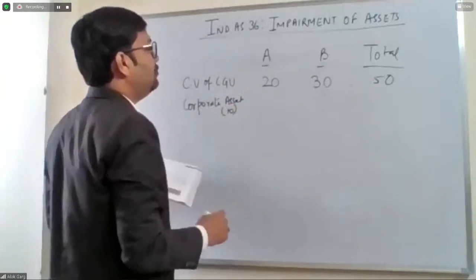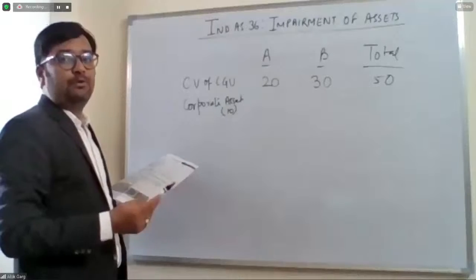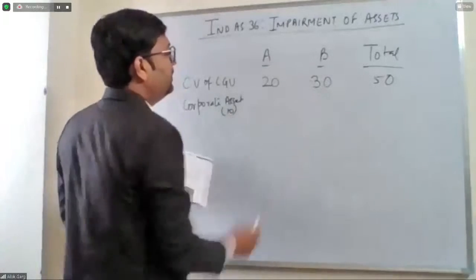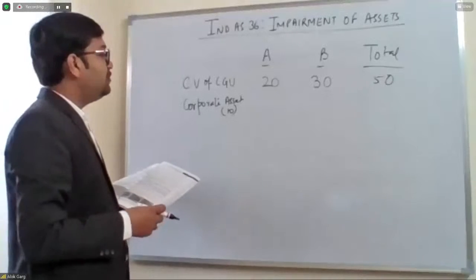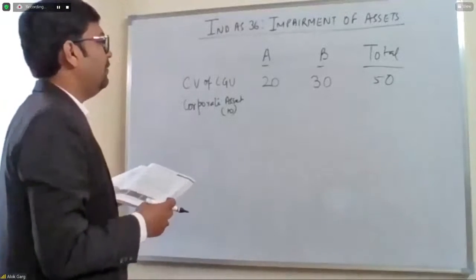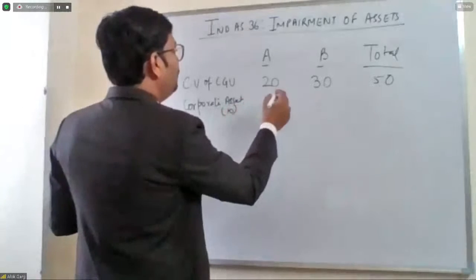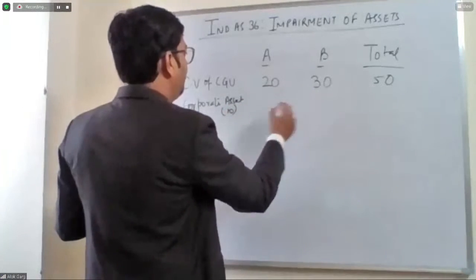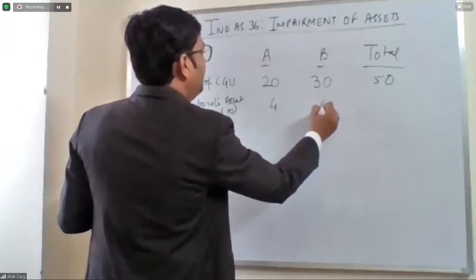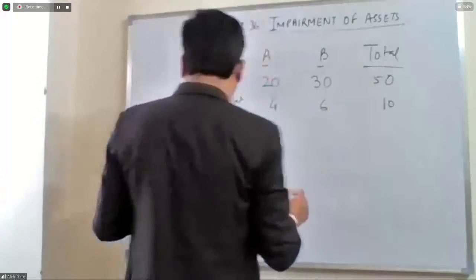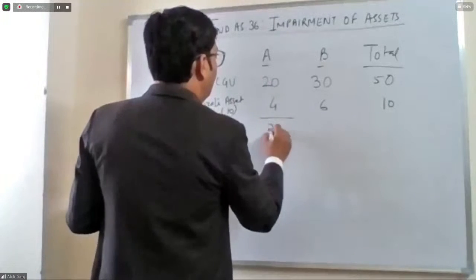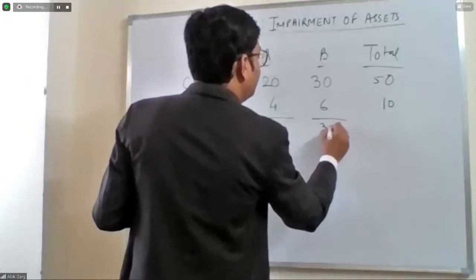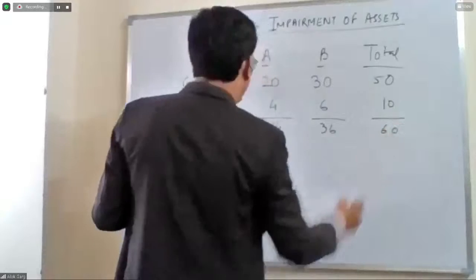This 10 million has to be allocated in the proportion of carrying values, which is 2:3. So the corporate asset allocated should be 10 into 2/5 and 10 into 3/5, which is 4 and 6 million. The total is 10 million. So what is the total here? 24 million, 36 million, and a total of 60 million.